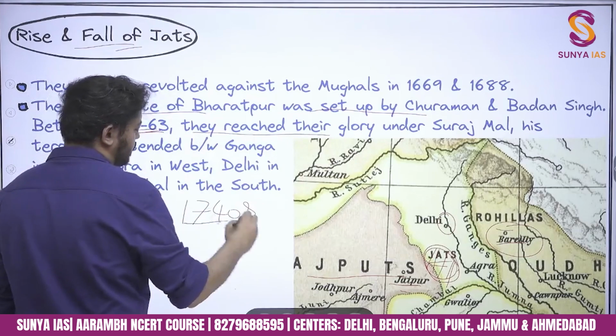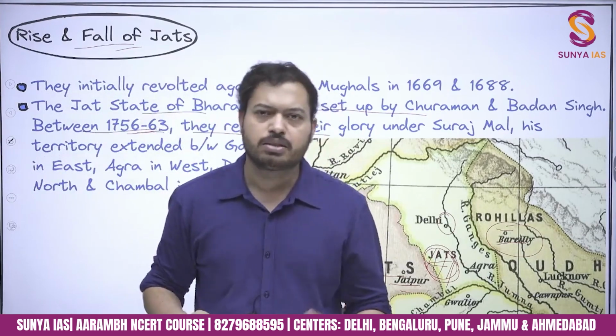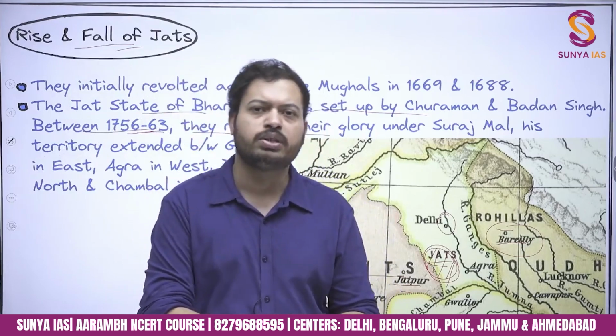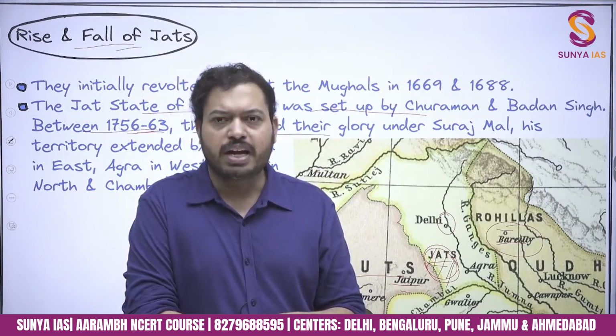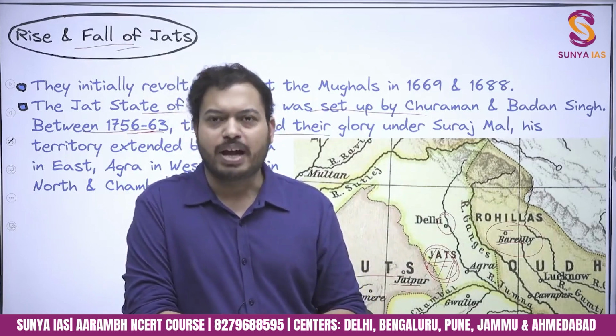Let me tell you how under Suraj, because once Nadir Shah invaded and looted Delhi city for more than 70 crore rupees worth, Delhi was after that open for anyone to come in and do anything. And that is what happened.